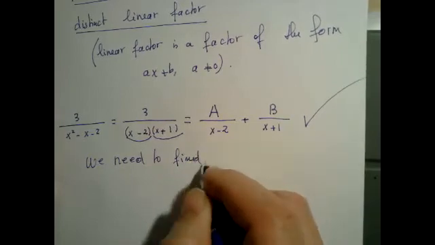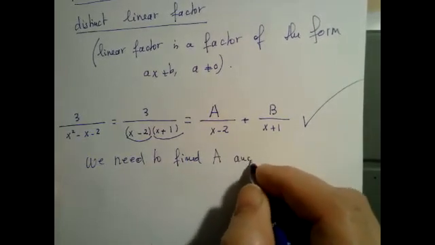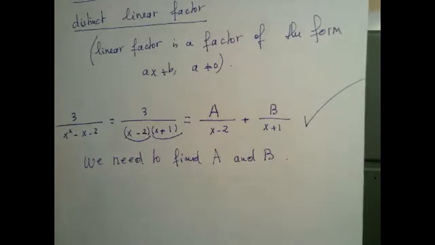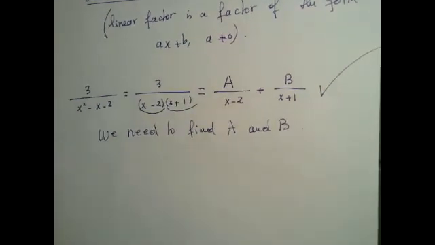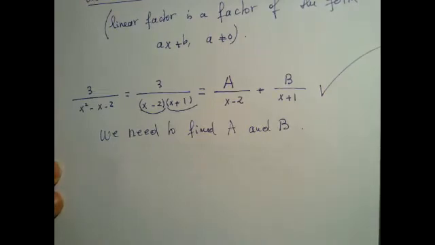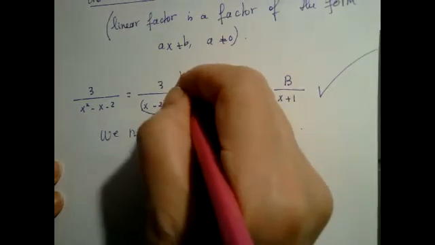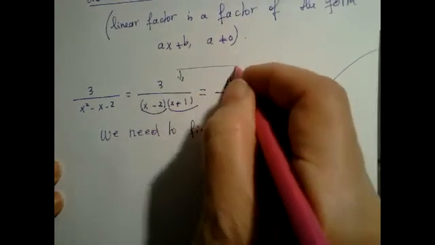And that's the easy part, actually. Math tells me you can do it. So let's see how we're going to find A and B. We say that math tells me that those are equal.